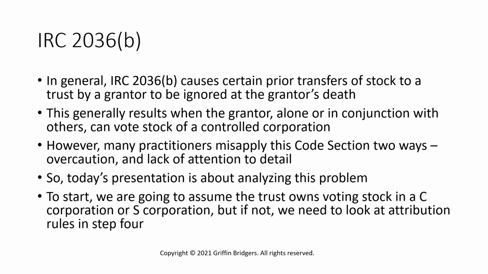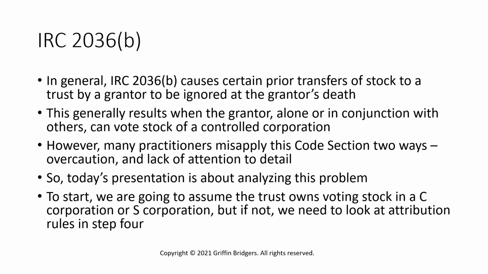So, in other words, certain transfers during life may be disregarded, and those assets that were previously transferred may be treated as if they're still owned by the grantor or the donor for estate tax purposes if that individual decedent has retained certain powers.